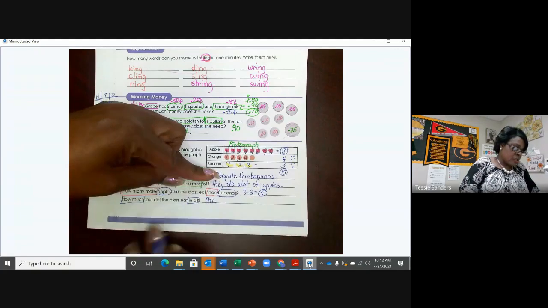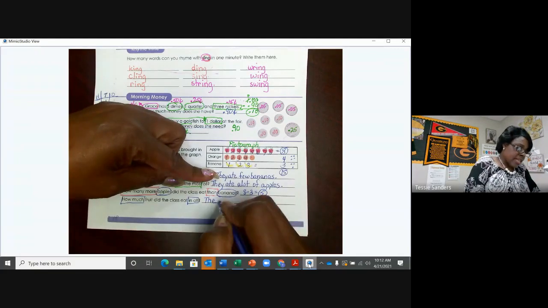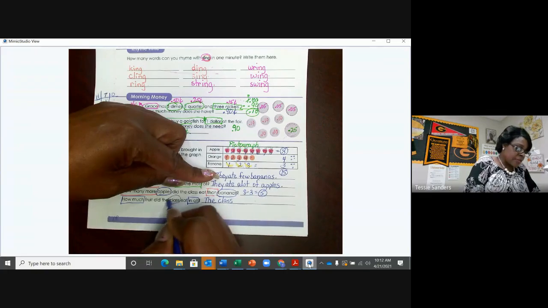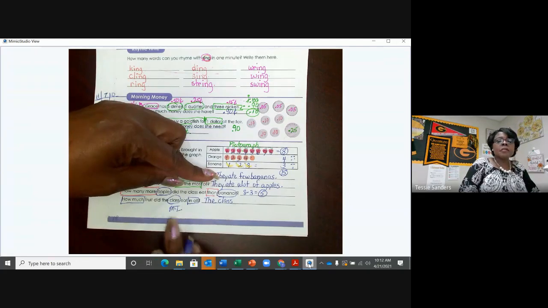So write a sentence. The class, because this is the main idea. Class is the main idea. Capital M, period, capital I, period. The class is the main idea.